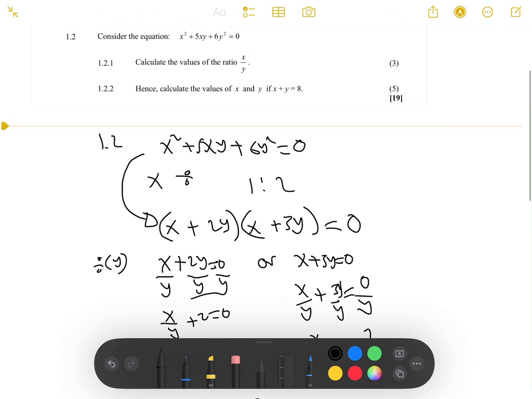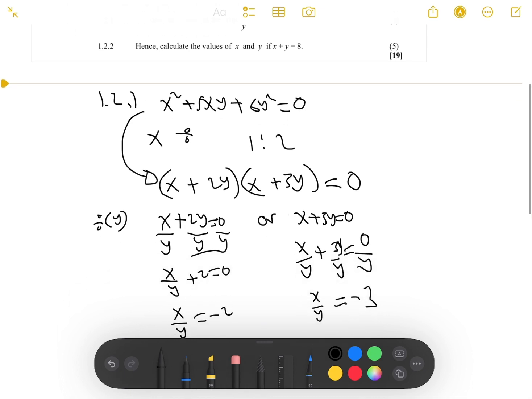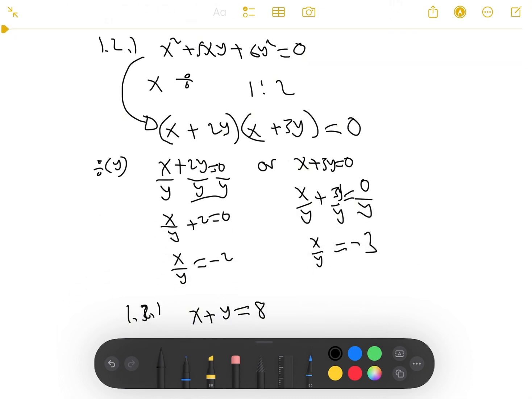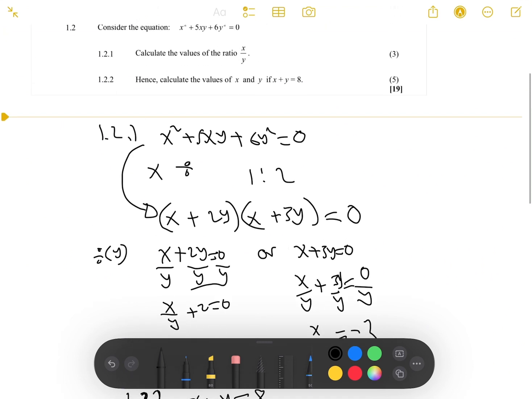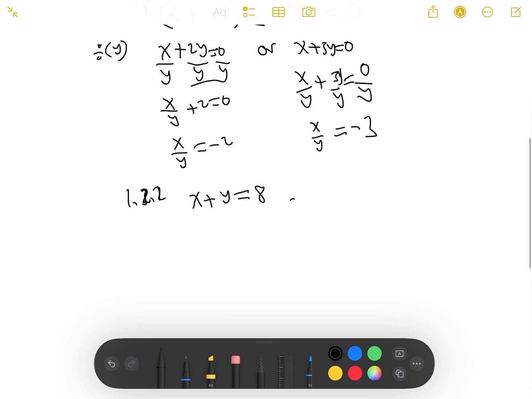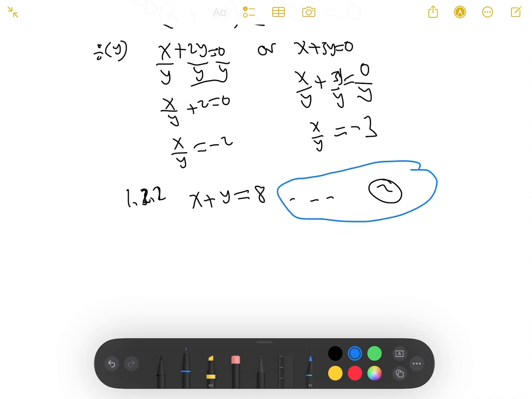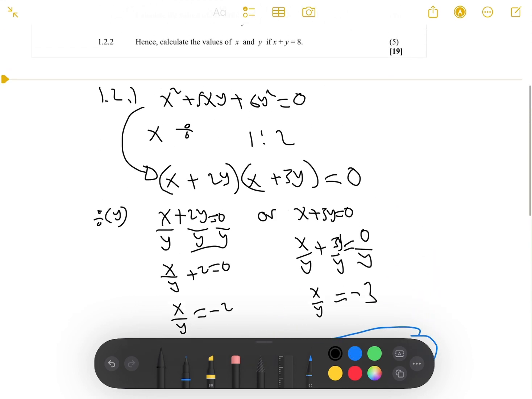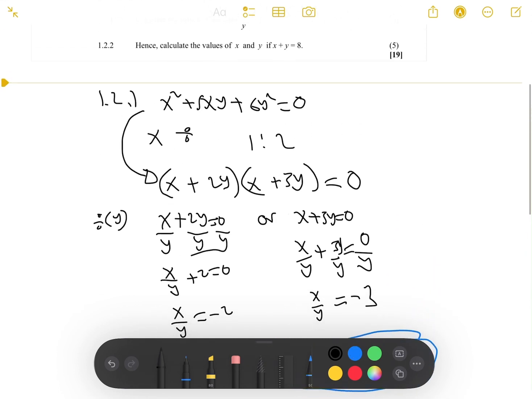At 1.2.1 it wasn't a simultaneous equation, but the way they are now bringing the question at 1.2.2, introducing a second equation, they're basically making it a simultaneous equation now.